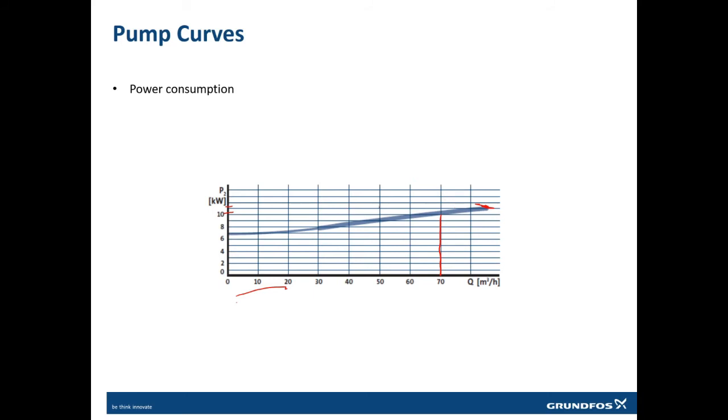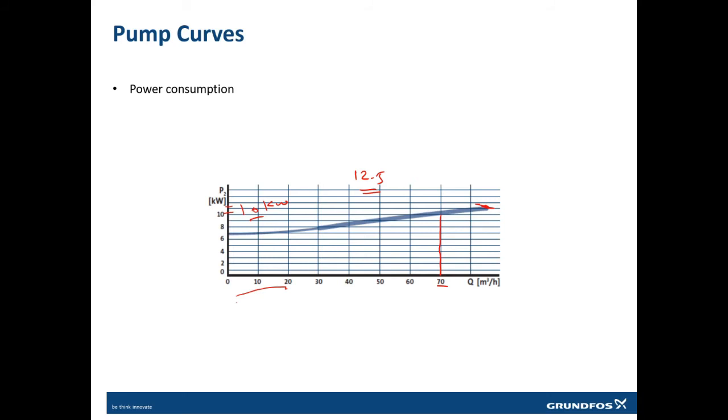But for example, you take a 10 kilowatt motor with this pump. By default, the motor for this pump should be 12.5, or this is a good motor for this pump. But at 12 kilowatt, it will work, but you cannot go above 70 meter cube per hour. If you go above 70 meter cube per hour, your motor will start getting overloaded. If you overload the motor for a long period of time, what will happen?